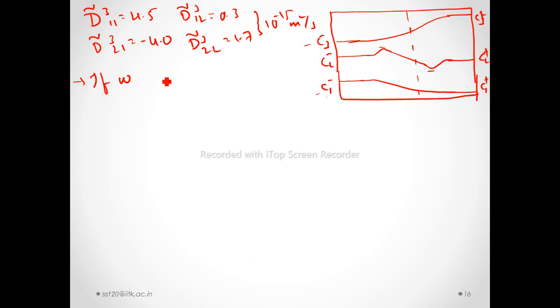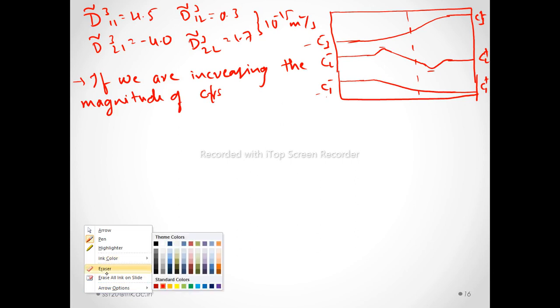If we are increasing the magnitude of cross... by mistake it went missing.